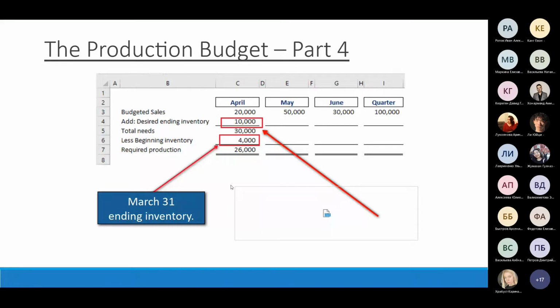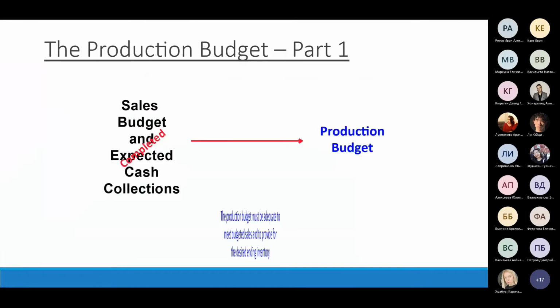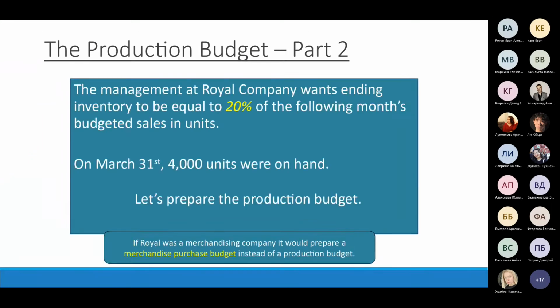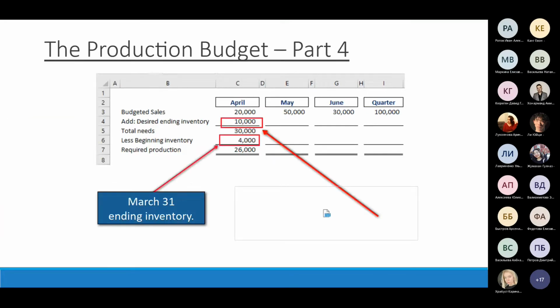For example, if budgeted sales are equal to 20,000 items and we have the desired ending inventory equal to 10,000 items, because it should be equal to 20% of the following month's budgeted sales in units, and we have in May to sell 50,000, so 20% is 10,000 units.